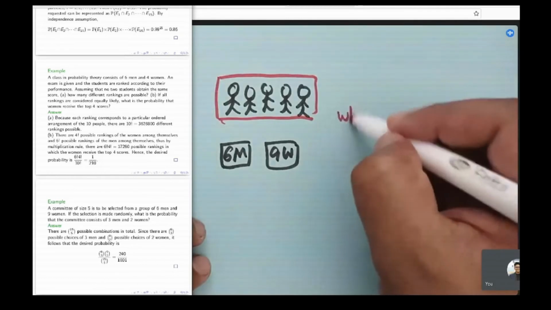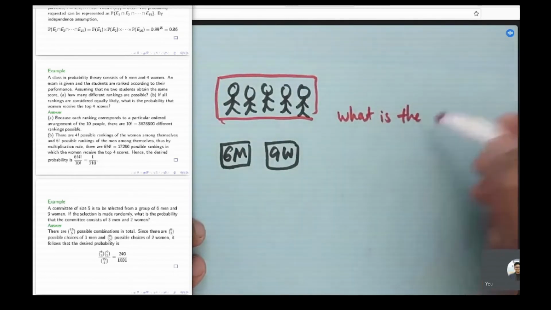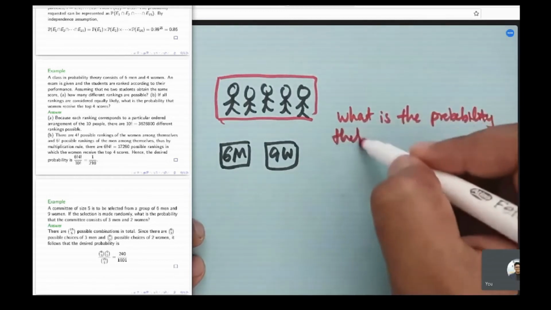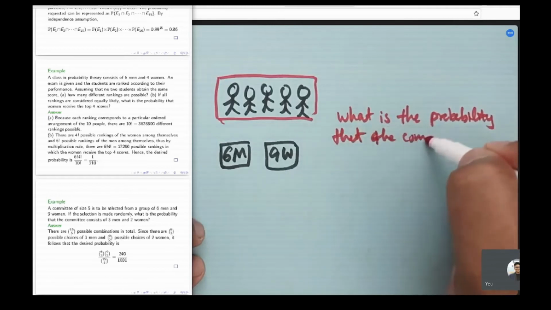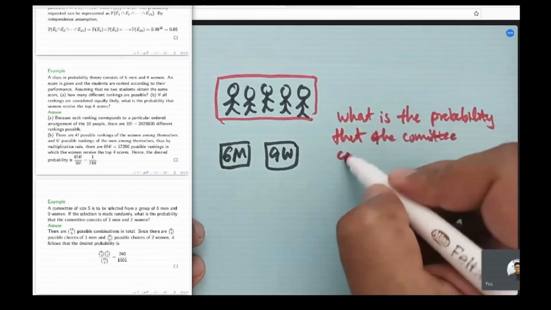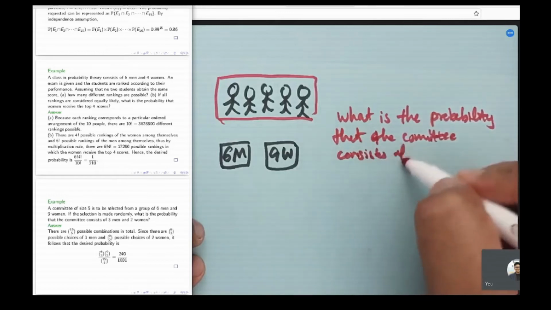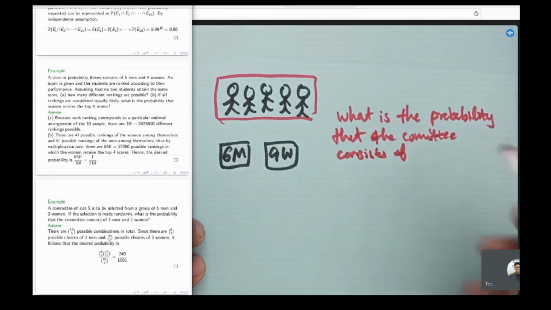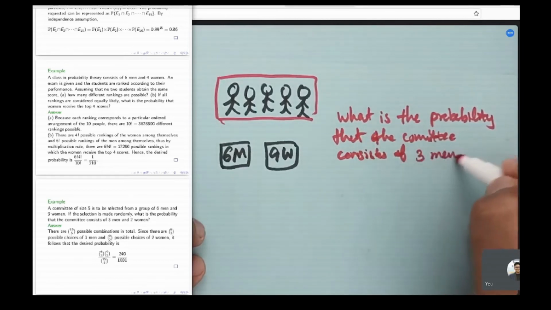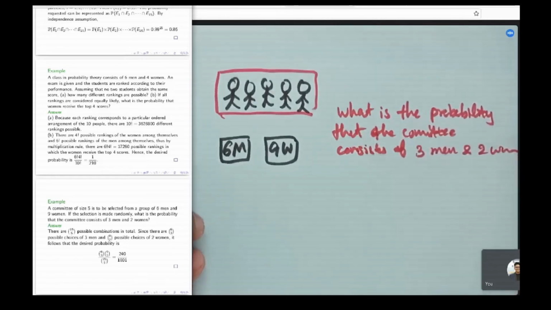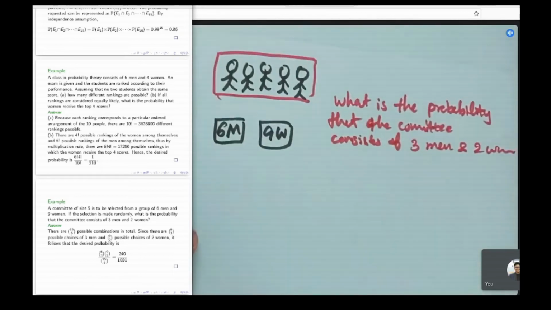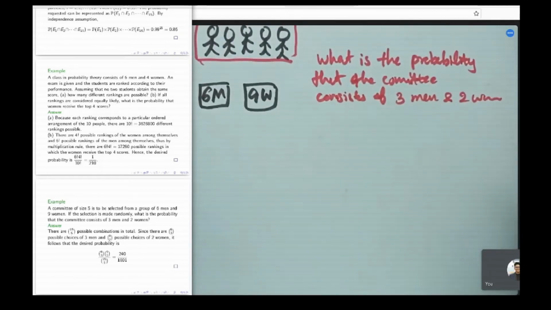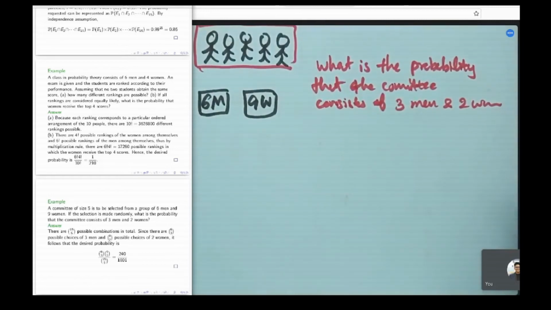So we have 6 men and 9 women. We are going to choose 5, and the question asks, what is the probability that the final group will have 3 men and 2 women?